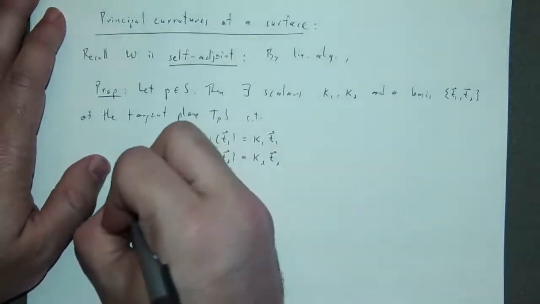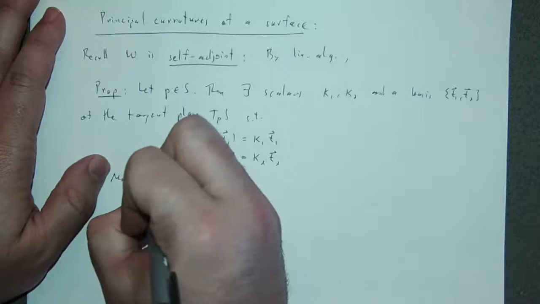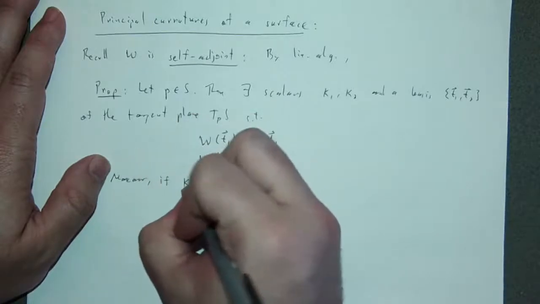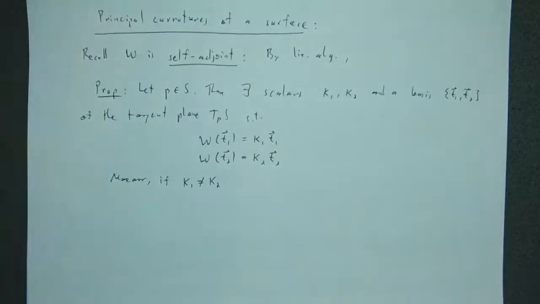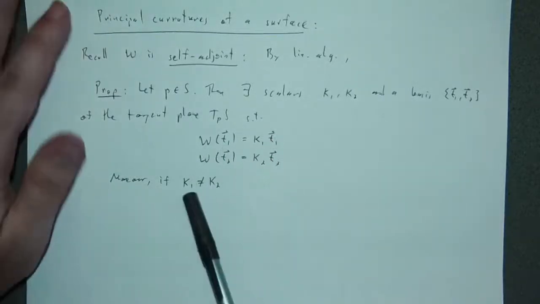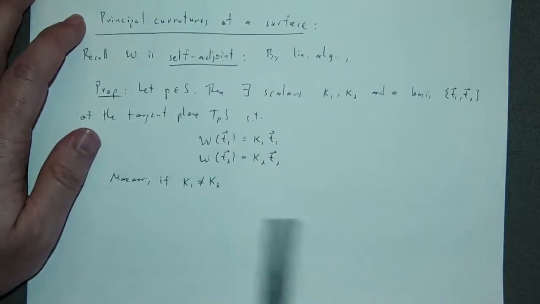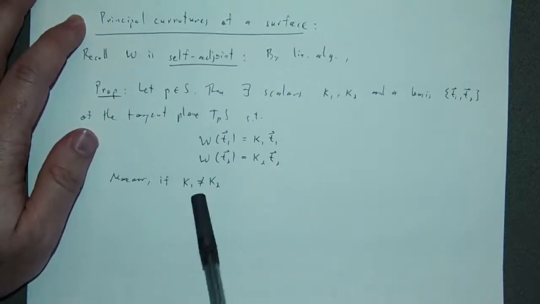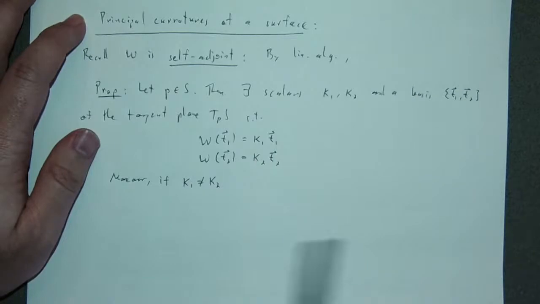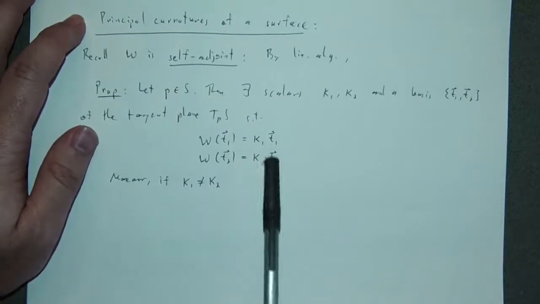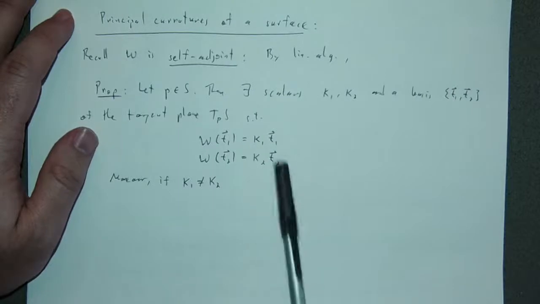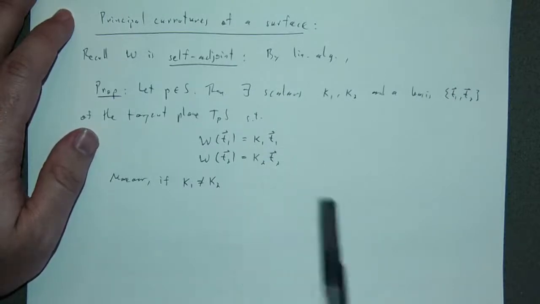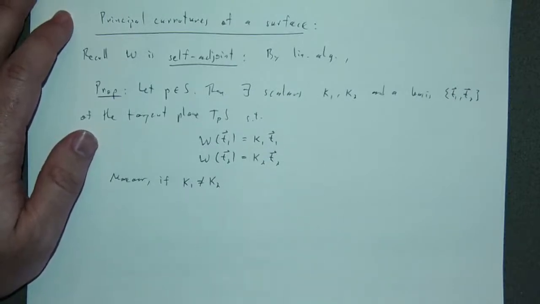Moreover, if kappa sub 1 is not equal to kappa sub 2, you already see what these are. These are the eigenvalues, and the T sub 1, T sub 2 are the eigenvectors. But if these are actually distinct eigenvalues, then another fact you have from linear algebra is that the two vectors from differing eigenspaces are perpendicular. But for this case, we only have these two vectors.